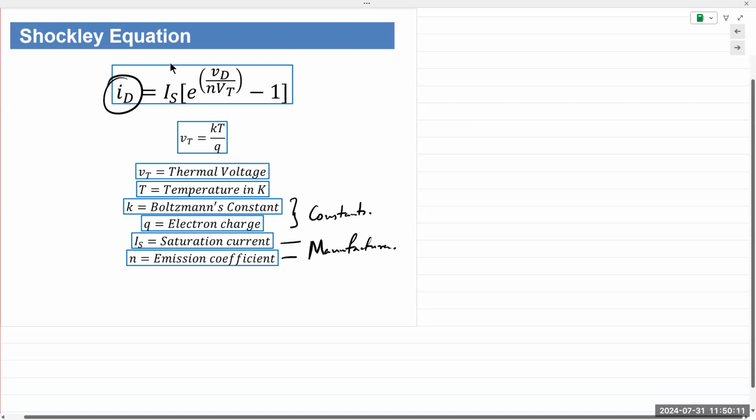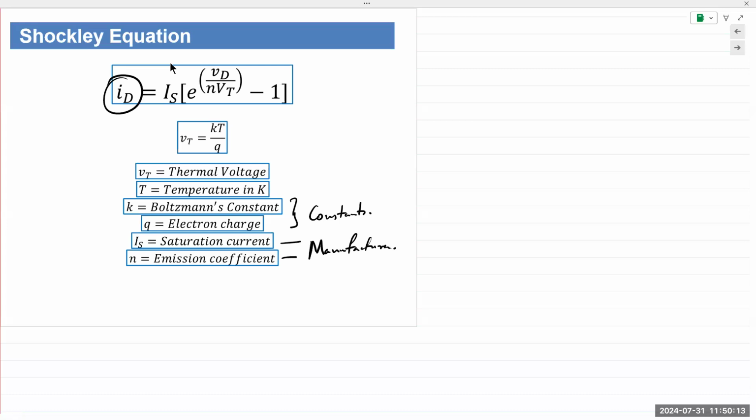So modern digital thermometers all use a simple diode circuit where the change in temperature changes the diode characteristics. It changes the diode voltage and the diode current, and that change is quantified as temperature.